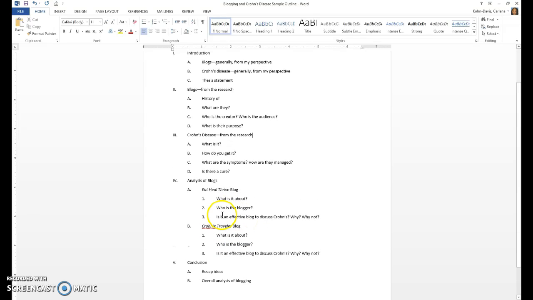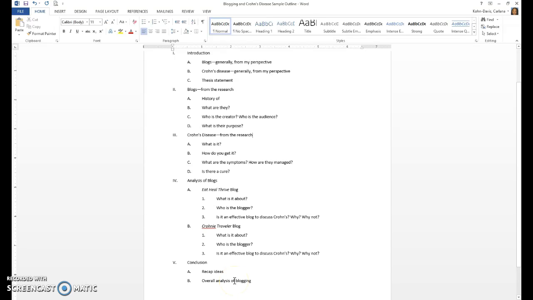Why or why not? And I'm going to do the same thing for the second blog. If you look at sections 2, 3, and 4 as 1 page each, so a page on blogs, a page on Crohn's disease, and 2 pages on the analysis, a page on each blog analysis, you have 4 pages right there, half a page for the introduction, half a page for the conclusion.